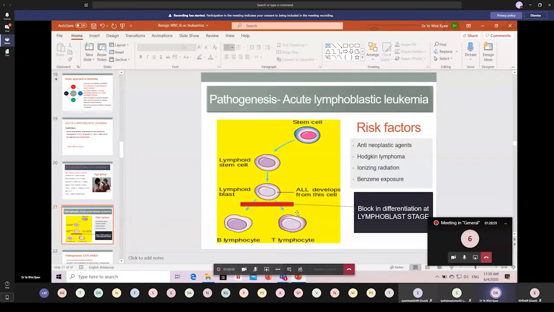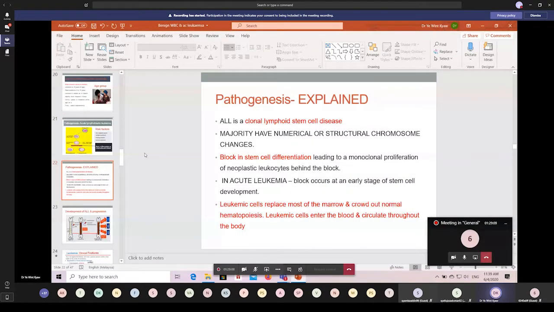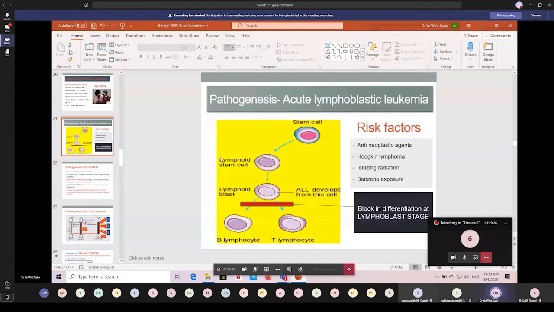ALL develops from the lymphoid stem cell, with a blockage in differentiation. In pathogenesis, the majority have a chromosome change. What chromosome I will tell later, BCR-ABL, a block in stem cell differentiation.